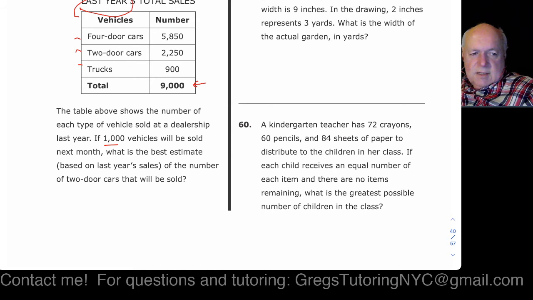What they're asking us is we need to set up a ratio. It's 2 doors to all of them. The total. So the ratio of 2 doors to all of them was 2250 over 9,000.